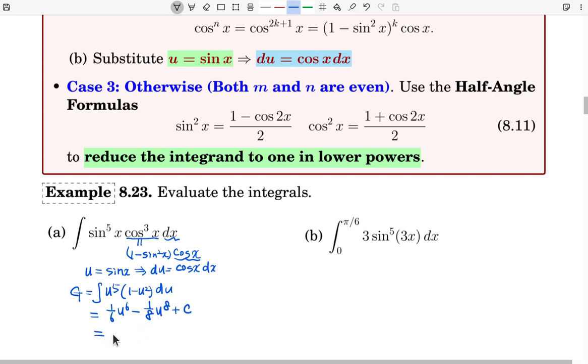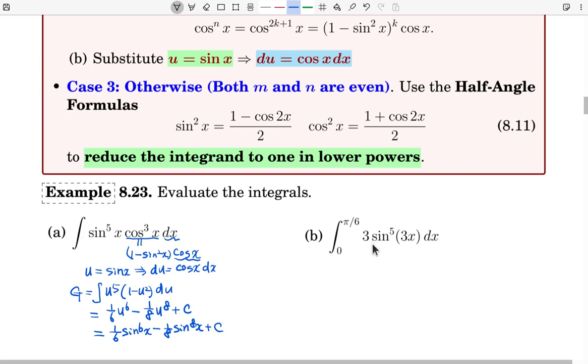Since u is sine x, the final answer must be 1 over 6 sine to the 6 x, minus 1 over 8 sine to the 8th power of x, plus c. That's the final answer.